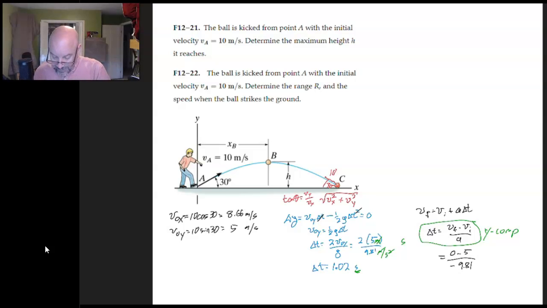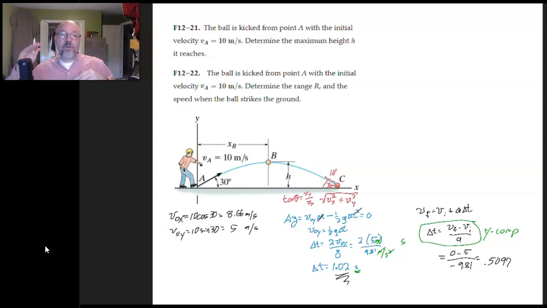Be careful there: g is 9.81, A is -g, so A is -9.81. If we work that out, it turns out to be 0.5097, which is half of what we had over here, because it's symmetric.